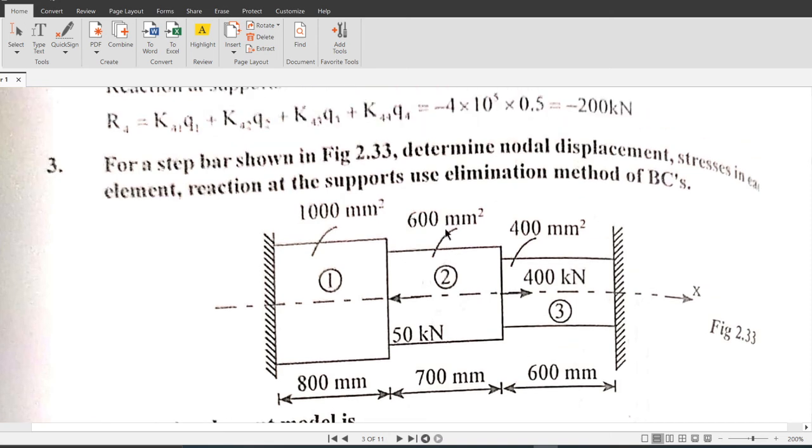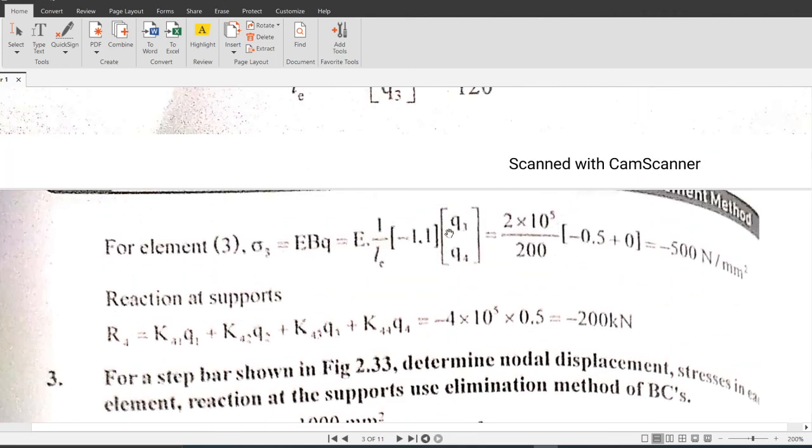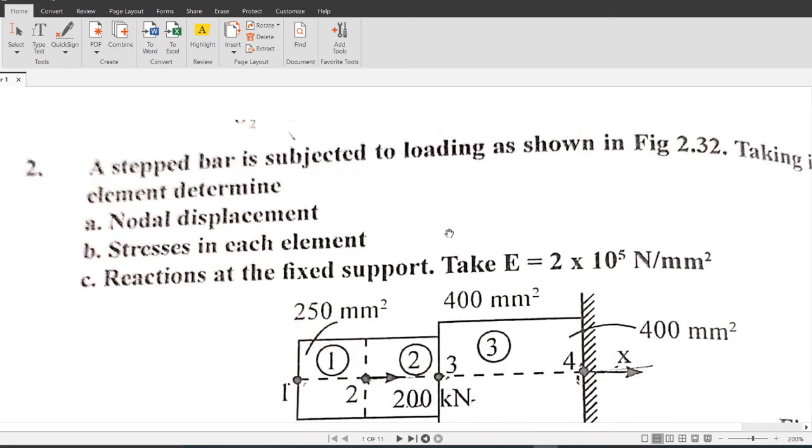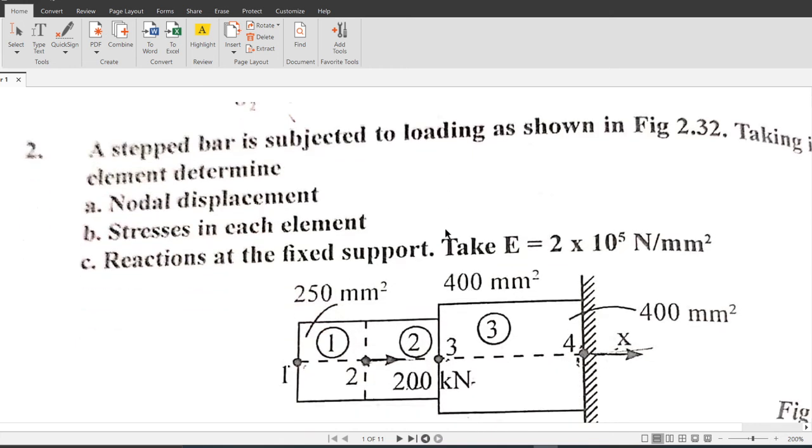All of you taken the screenshot? Next, one more screenshot you take. First problem: here there are 2 sections only, but they divide into 3 elements. Why? Because in this section they apply one more load here.